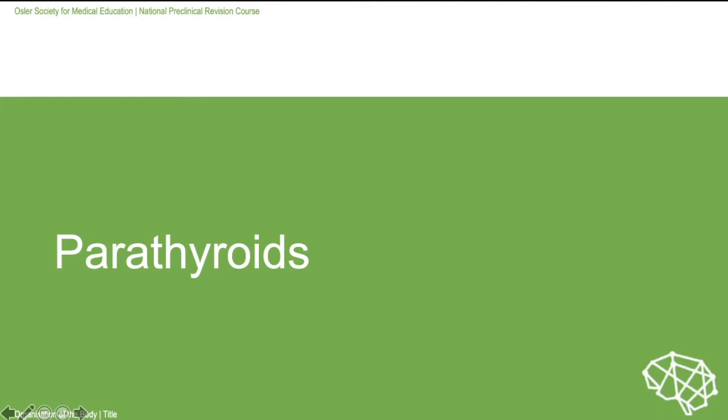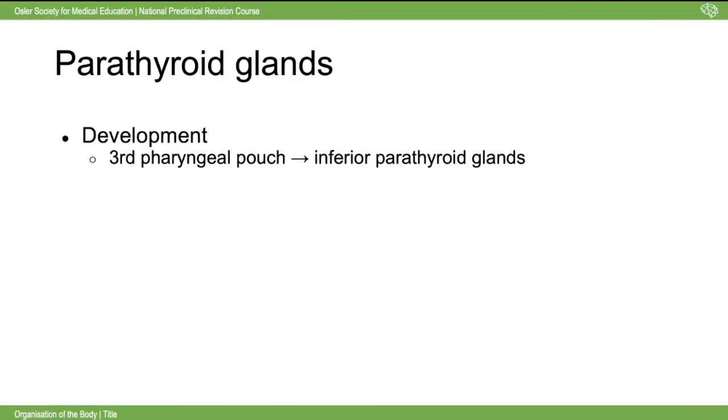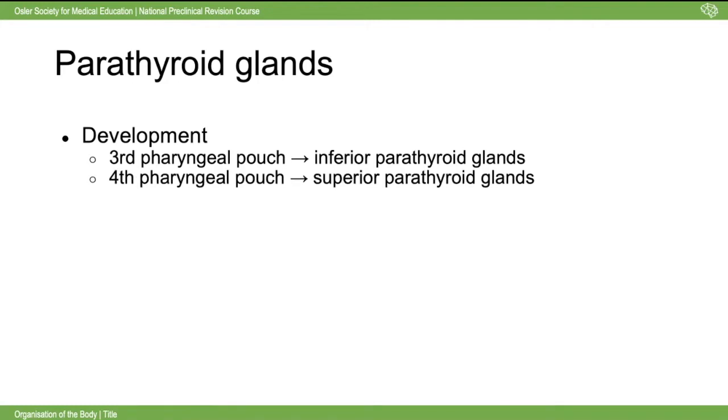And then you don't need to know much about the parathyroid glands. Very briefly, you have 4 parathyroid glands in your neck, 2 superior and 2 inferior. Confusingly, during development, the inferior parathyroids come from the 3rd pharyngeal pouch, which is higher up than the 4th pharyngeal pouch, and the superior parathyroid glands come from the 4th pharyngeal pouch.